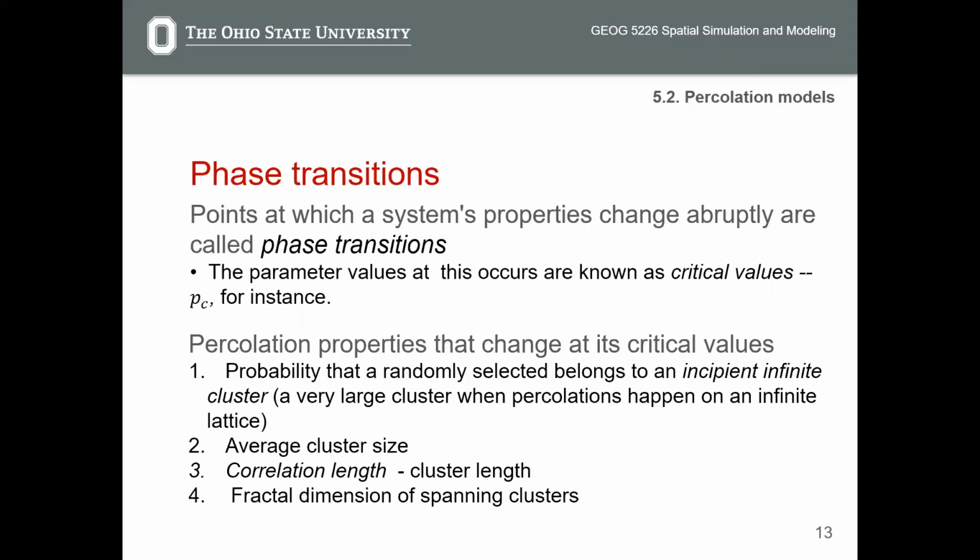So if that is the case, we call it an incipient infinite cluster, right? A large cluster. And also the average cluster size changes abruptly at PSA, and also the correlation length or cluster length, and the fractal dimension of spanning clusters.